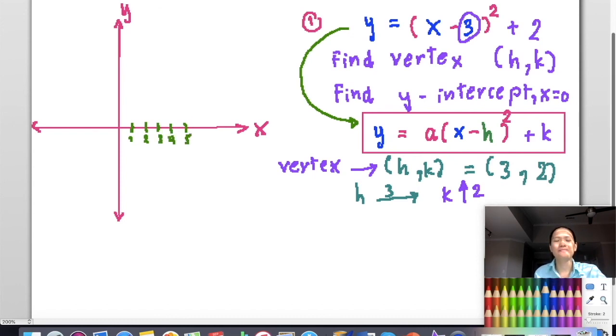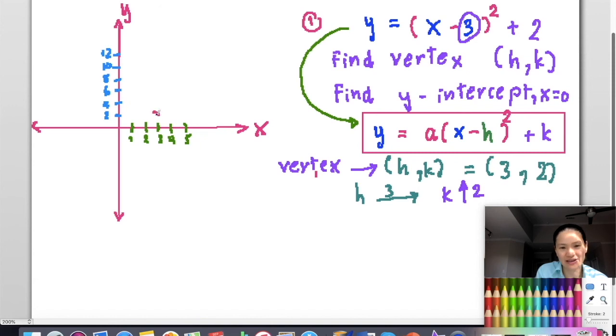Because we have limited space, I will mark 2, 4, 6, 8, 10, and 12 here. Let me find the vertex first. Our h equals 3, so it's here, and k equals 2, so it's here.